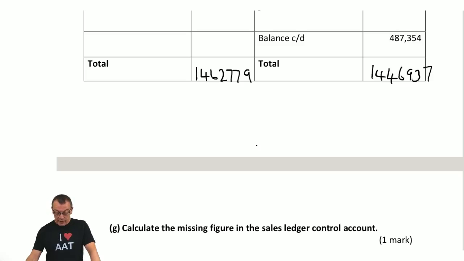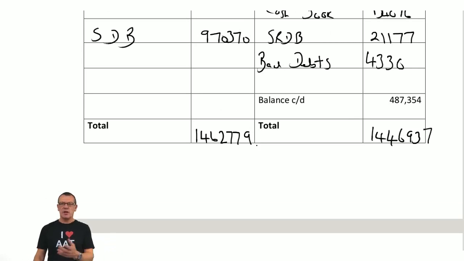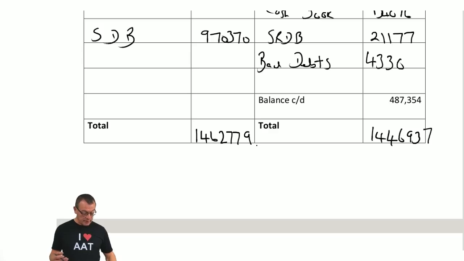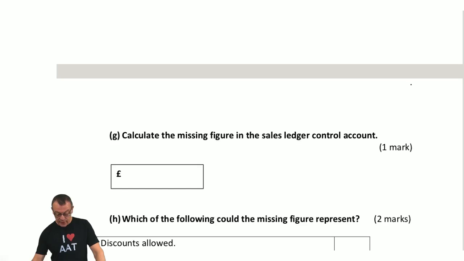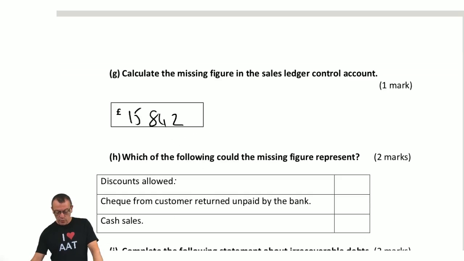Calculate the missing figure in the sales ledger control account. Now they don't balance, as you can see, so there will be a missing figure. And again, what the examiner's done, he's brought in that section of the missing figure into this particular part of the question here. So if you take that from that, we get a missing figure of 15842. So which of the following could the missing figure represent?